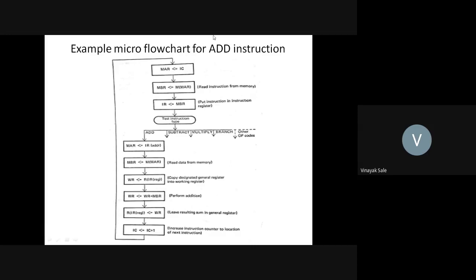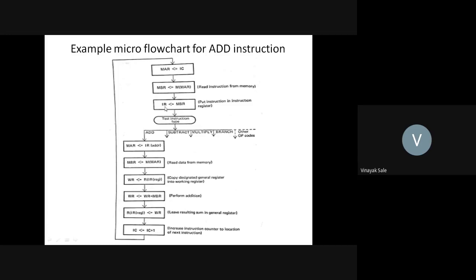If it is true, then flow goes to the next step, that is machine buffer register is less than or equal to machine address register, that is, read the instruction from the memory. If it is true, then go to the next step.